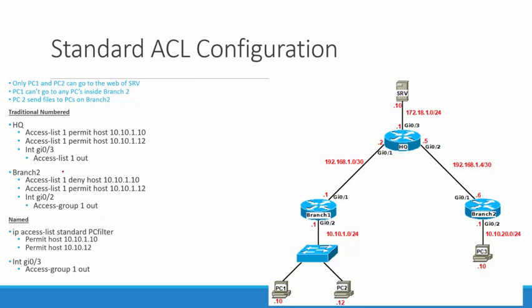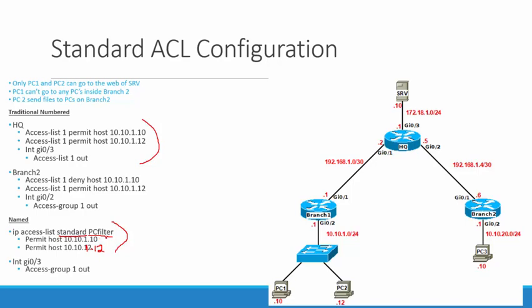Now let's look at named standard, and I just did this part instead of doing them both again. If I want to do this same thing, but I want to name it, I would do this down here. So IP access list, I have to tell it it's standard or extended and give it a name. This is just the name I chose to give it. And I permit host 10.10.1.10 and 10.10, oh shoot, a typo, it should be 1.12.